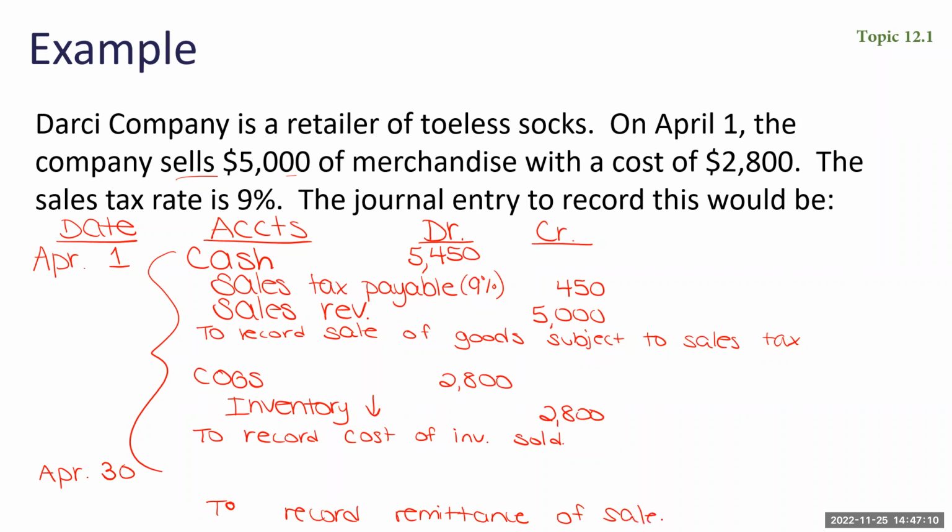Okay, just like when you pay off any liability, debit the liability, sales tax payable for the $450. And your offset is cash because you took in more cash than the sales price. And the reason was because of that sales tax payable, which you have to remit. So it's going to come out of your cash.